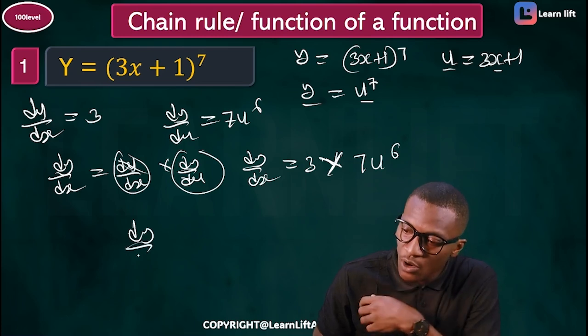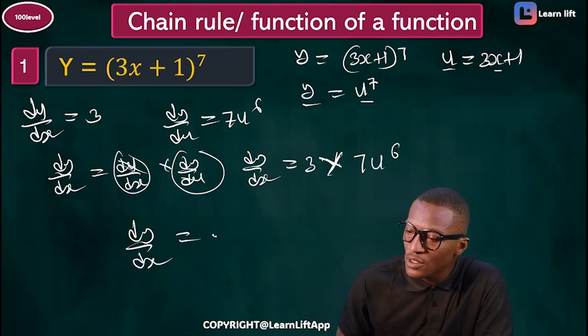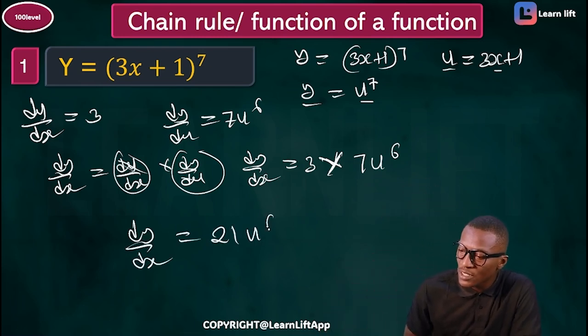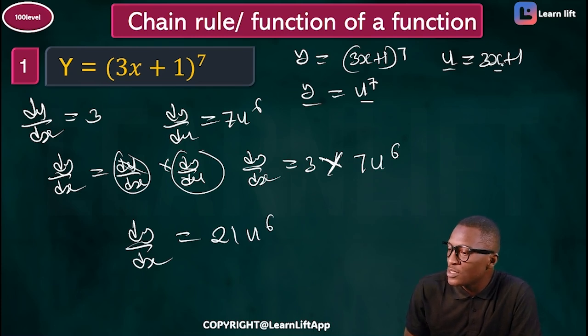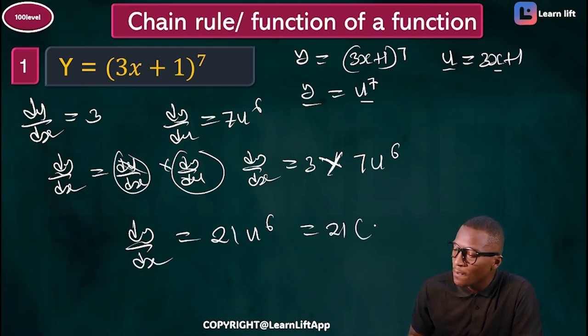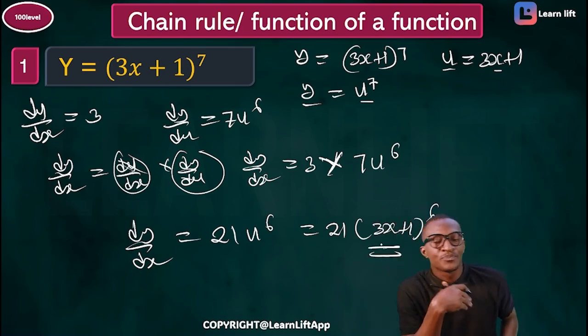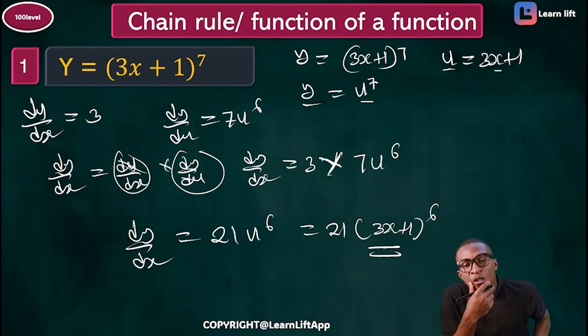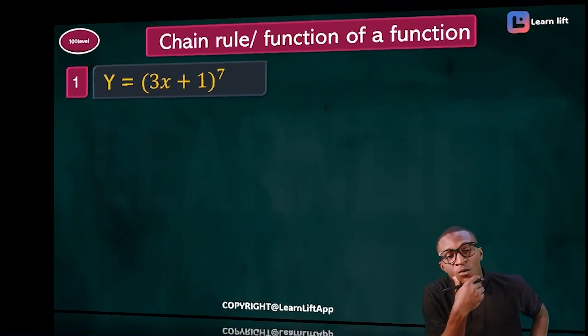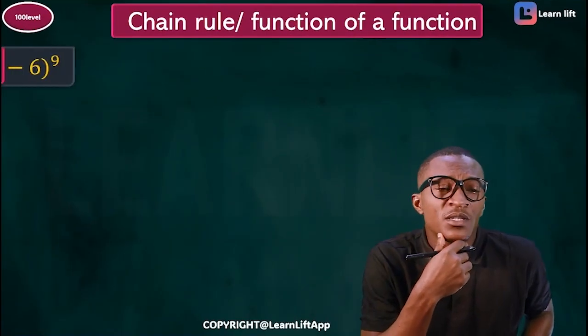So dy over dx will give me 21u raised to power 6. What's u? We said our u is 3x plus 1. So this is practically saying 21 into 3x plus 1 raised to power 6. Very simple. First of all, introduce your u, introduce your y, multiply du over dx by dy over du.